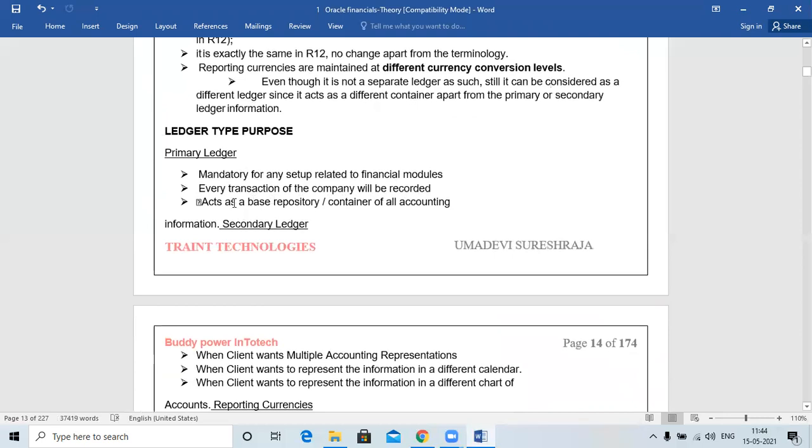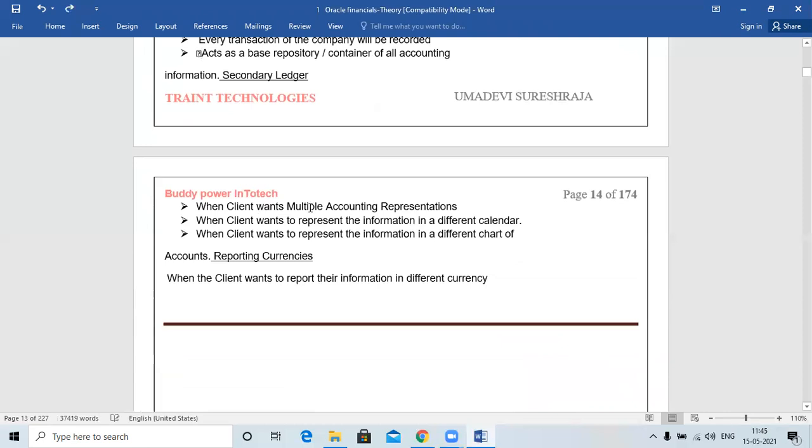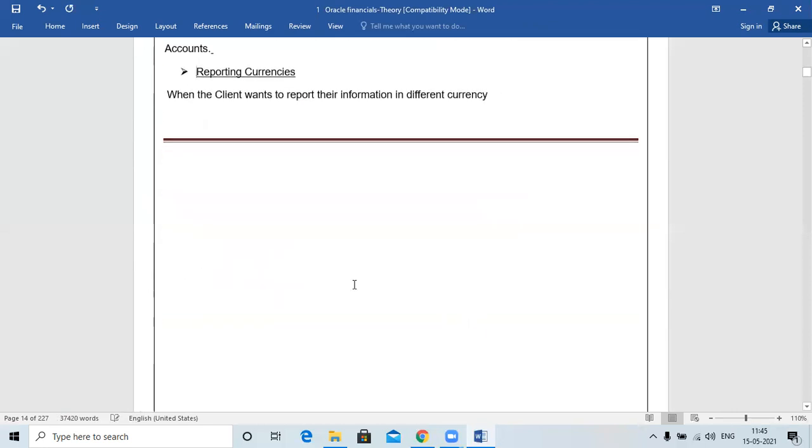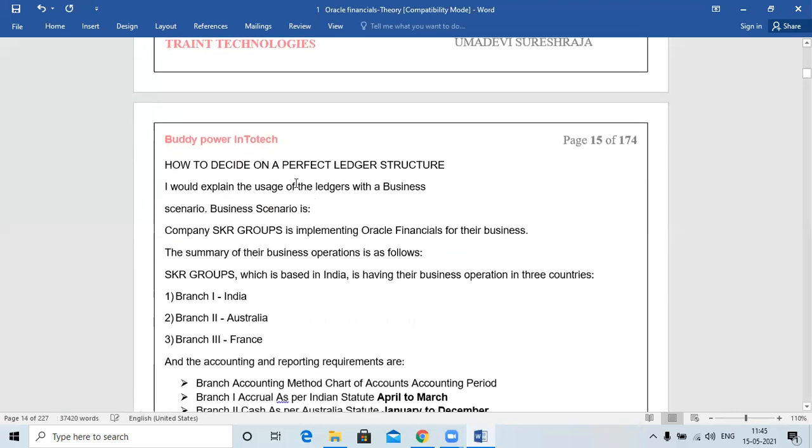Every transaction of the company has to be recorded; it acts as the base, a container and repository of everything. The client may want multiple accounting representations, such as local accounting standards and IFRS, a different calendar, a different chart of accounts, or to report the information in different ways.